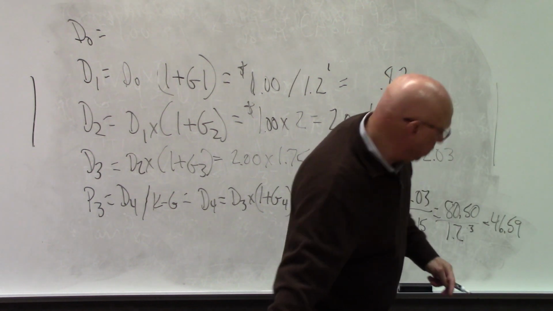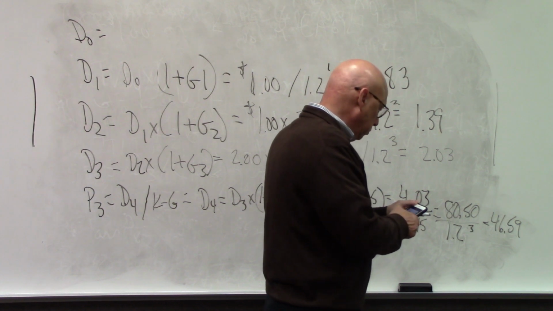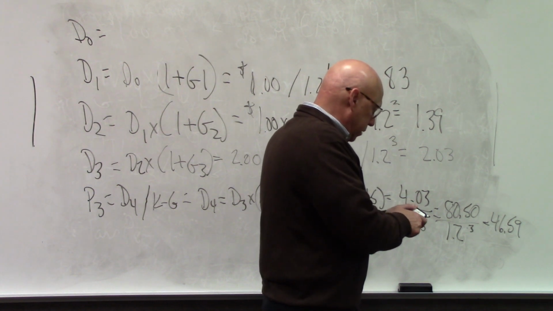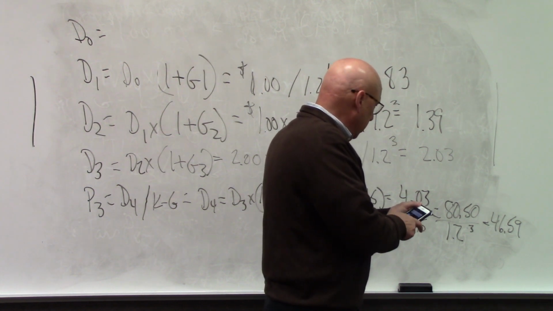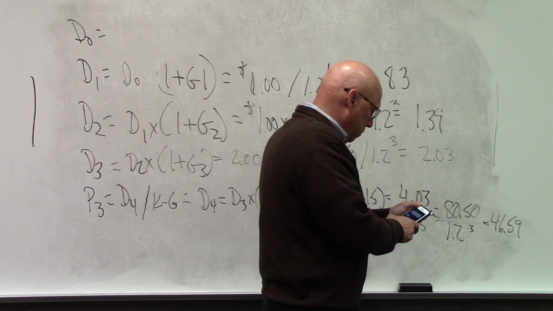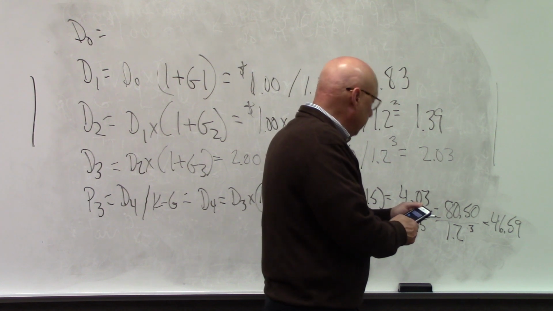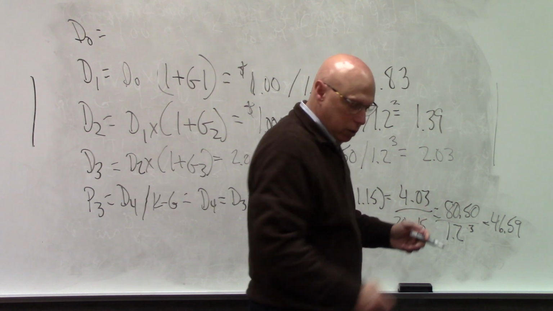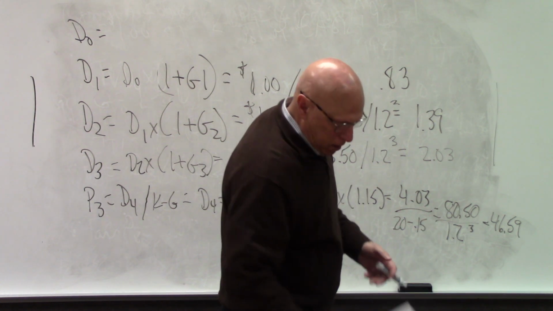Let's double check that. This last one, I want to make sure that's right. 80.5 divided by 1.2 to the third equals, yep, $46.59. Just want to make sure.